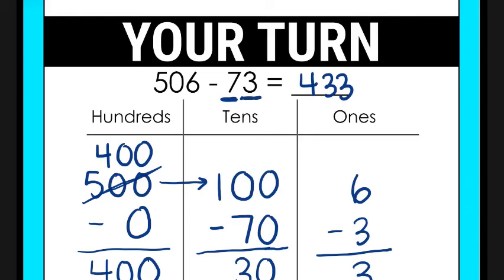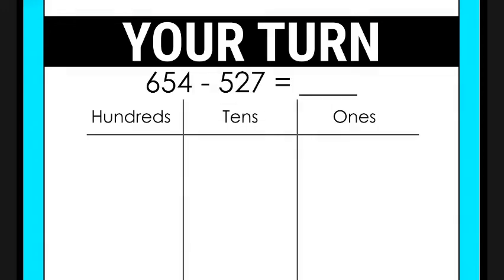Let's do one more. Now let's try 654 minus 527. Go ahead and draw your next hundreds, tens, and ones chart.